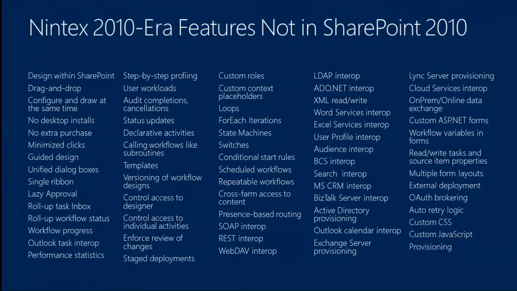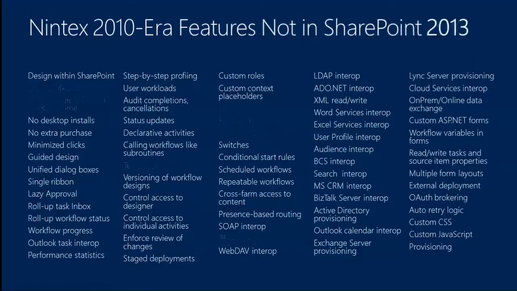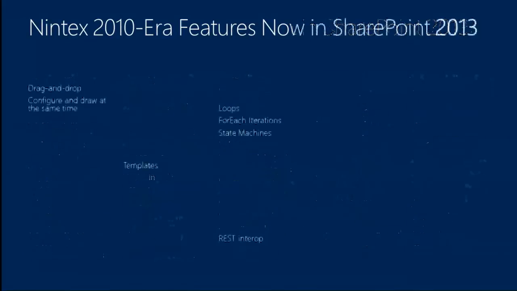If you look at what was done in 2013, that's the stuff that is now built into the platform, the stuff that went dark. And if you look at the stuff that was subsumed by the base platform, let's take a quick peek. Drag and drop and configure and draw at the same time. Okay, that's true, but you have to buy Visio for that.